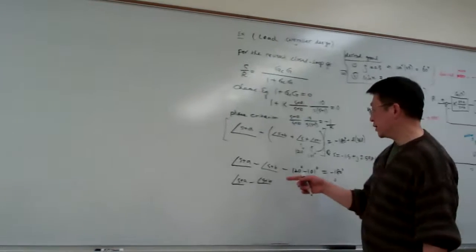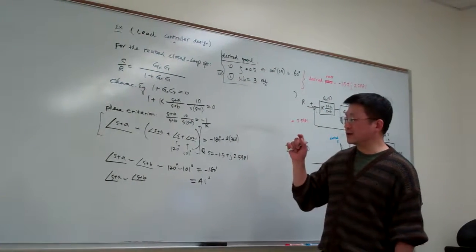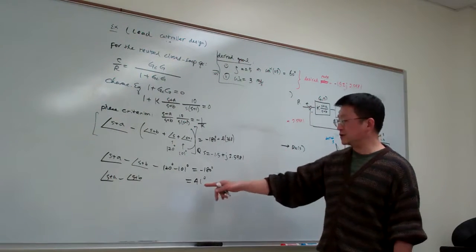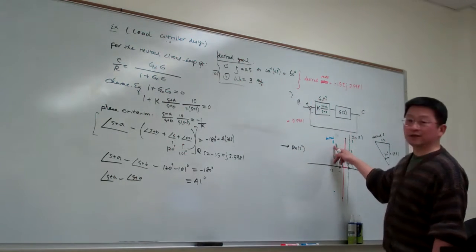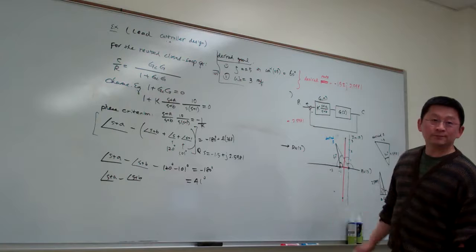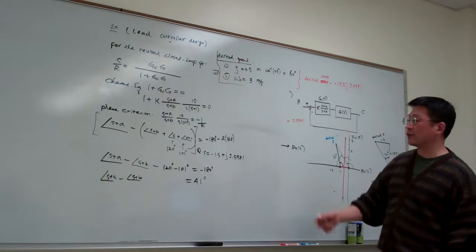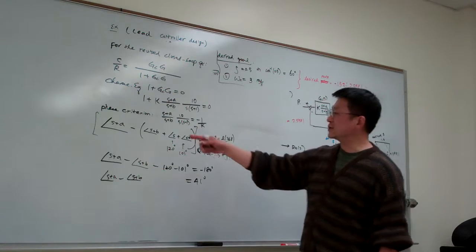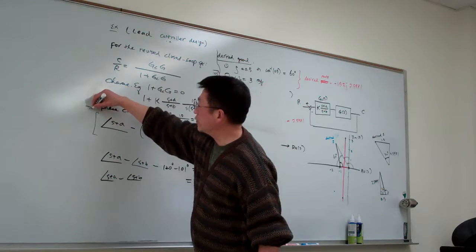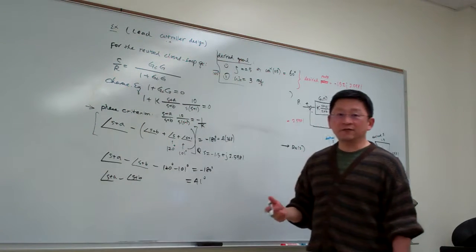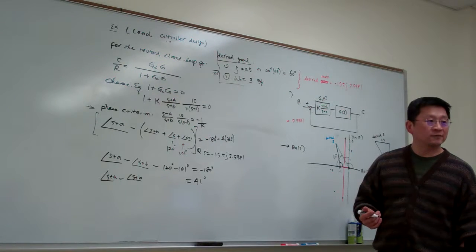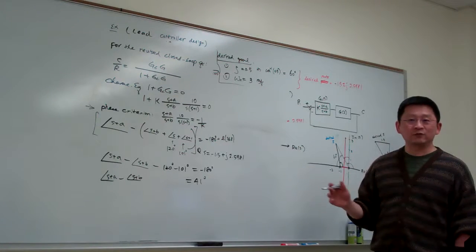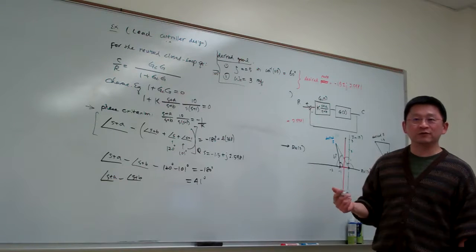That means the contribution from the controller must give us the 41 degrees such that the revised root locus goes through here. You good? From this step, we simply apply the fundamental criteria of the root locus. It's nothing fancy, but we try to integrate the old information here.